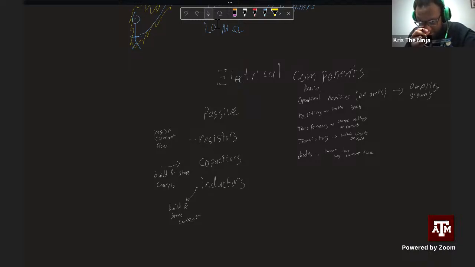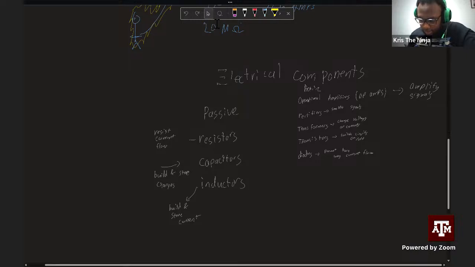And then you'll have a rectifier, like a half wave rectifier or something like that. So that would be like that, and that's drawn kind of like this.